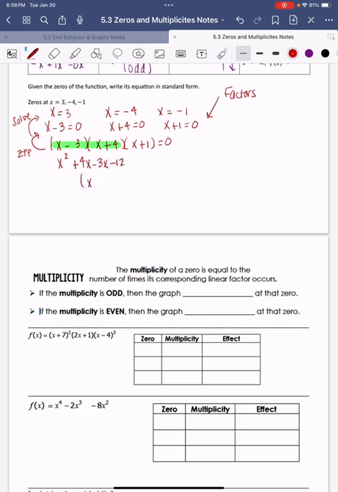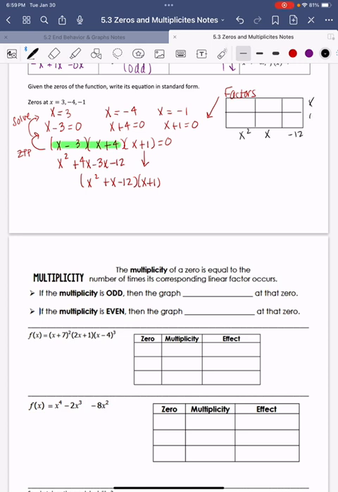That's going to give me x squared plus x minus 12. And then I'm going to multiply that by x plus 1. And I'm going to use the box. You use whatever method you want. Okay, so I'm going to have x squared, x minus 12, and x plus 1.